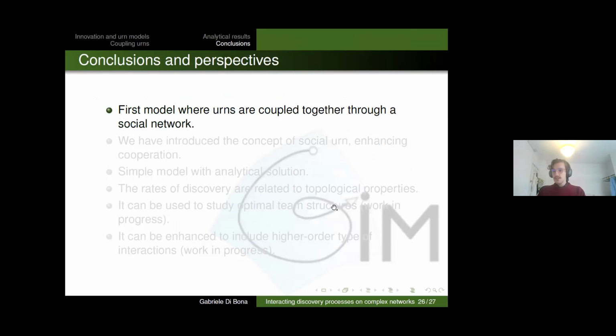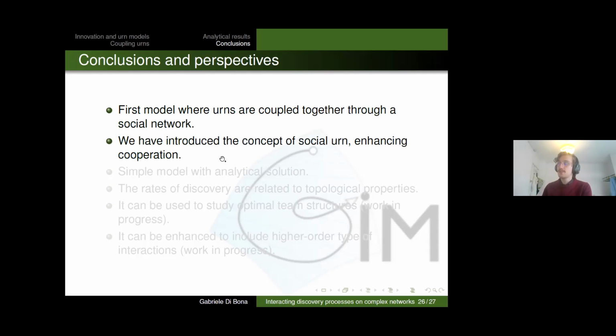So just to conclude, I think time's up. The important thing about this model is that it's the first model where urns are coupled together through a social network to study the interaction of discovery processes. It's very simple, and there are some things that can be improved.